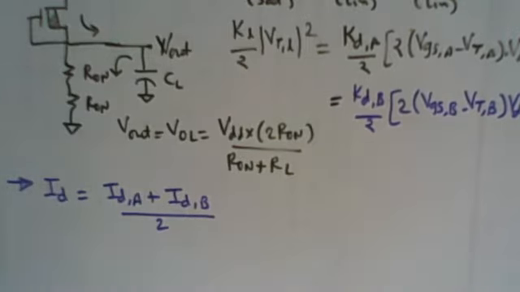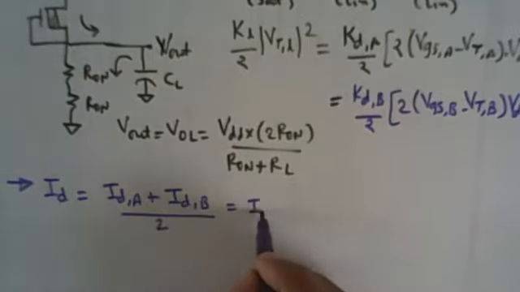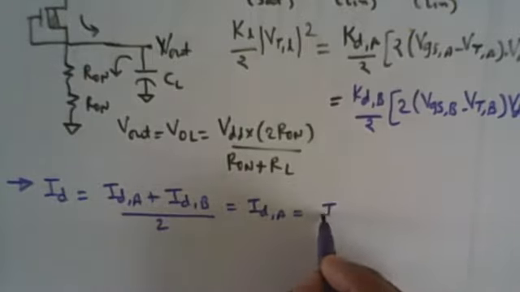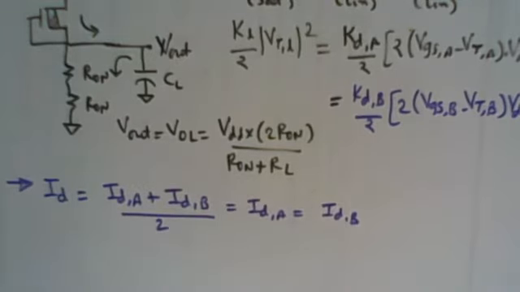If we take the average ID current, it is ID of A plus ID of B, where ID of A is equal to ID of B. Let's take the average ID current; it is an averaging of ID of A and ID of B. Right? Now here we can say the VGS of A is the VGS of B minus the VDS of B.